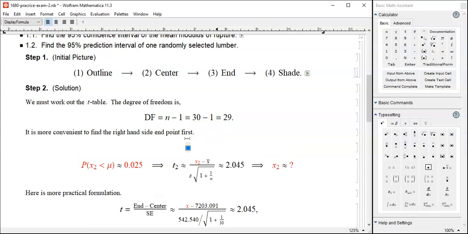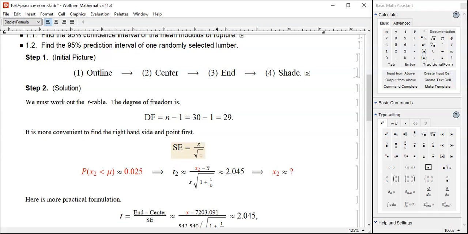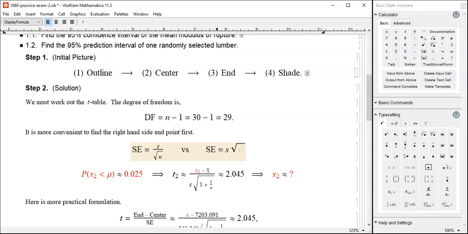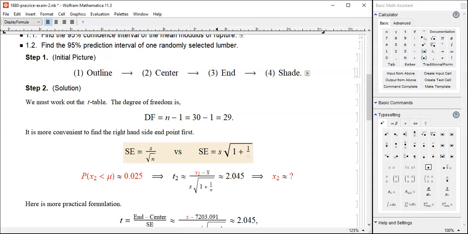SE is standard deviation over square root of n for confidence interval. Here in this case, SE is equal to S times square root of 1 plus 1 over n. And this quantity is much bigger.